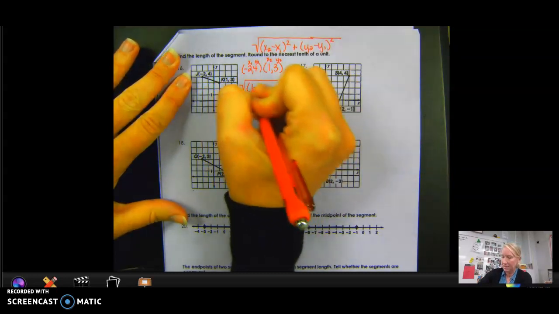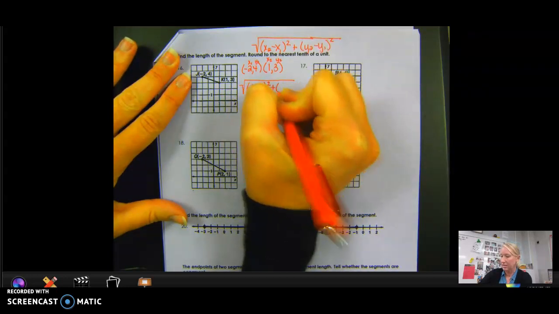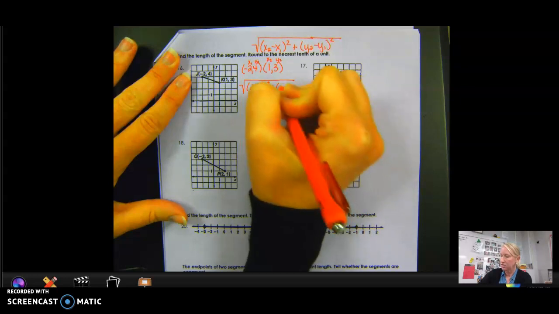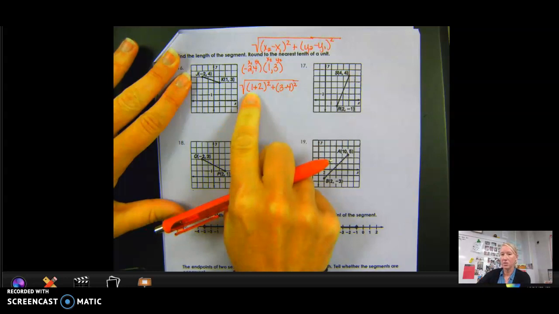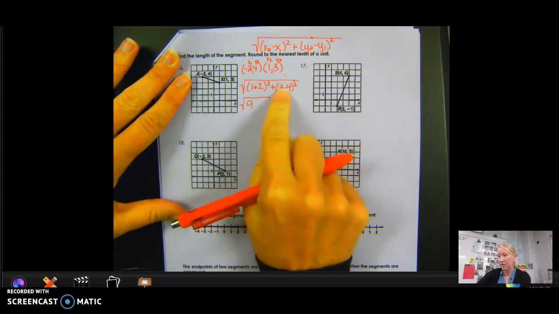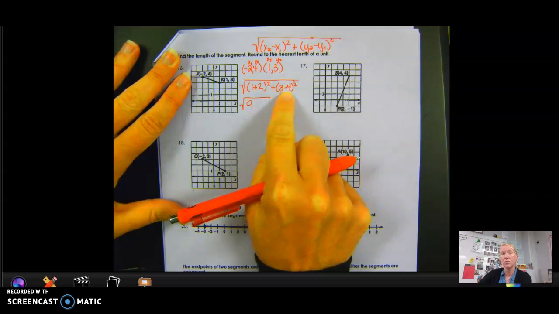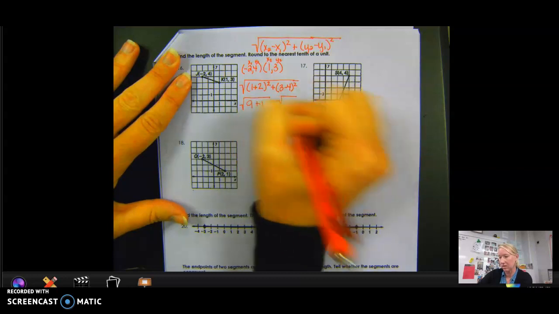x2, so 1 minus a negative 2, so that really becomes plus, squared, plus y's 3 minus 4 squared. So 1 plus 2 is 3, 3 squared is 9. 3 minus 4 is negative 1 squared is a positive 1, so that's plus 1. So really we're doing the square root of 10.